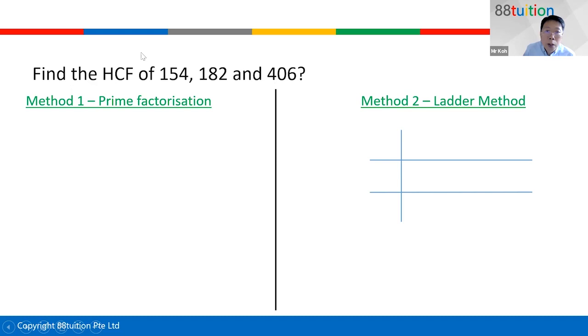Let me just quickly do the ladder method first. I will put side by side 154, 182, 406. Prime factorization, I don't know how comfortable you are. For the ladder method, you just take out the prime 2, then you repeat a few times.